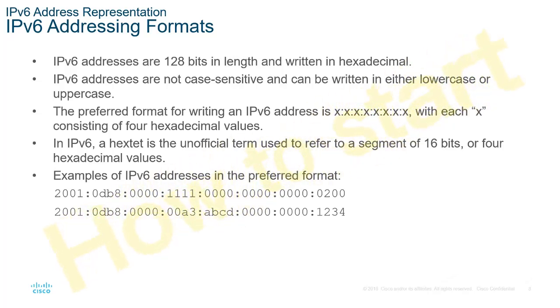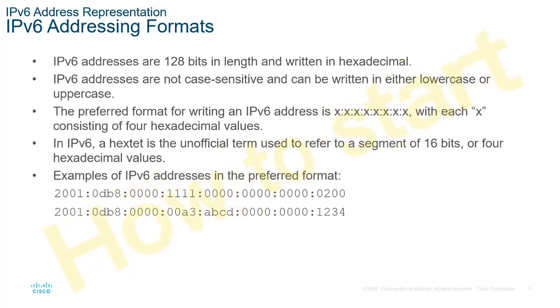The preferred format for writing an IPv6 is there will be 8 groups of 4 characters separated by colons. This is called a hextet. And again, this is unofficial. 4 characters per hextet because each character is a base 16 number. It's a hexadecimal number, or 4 hexadecimal values.